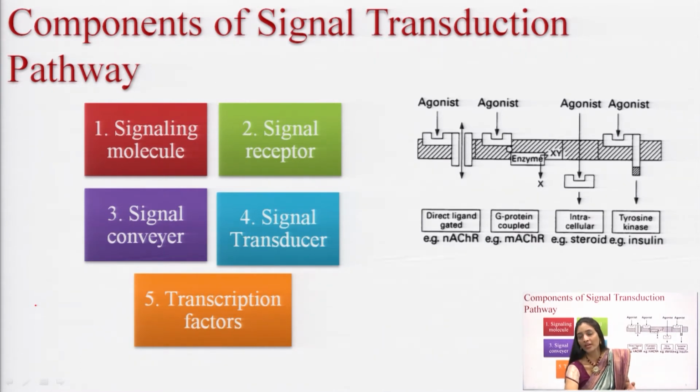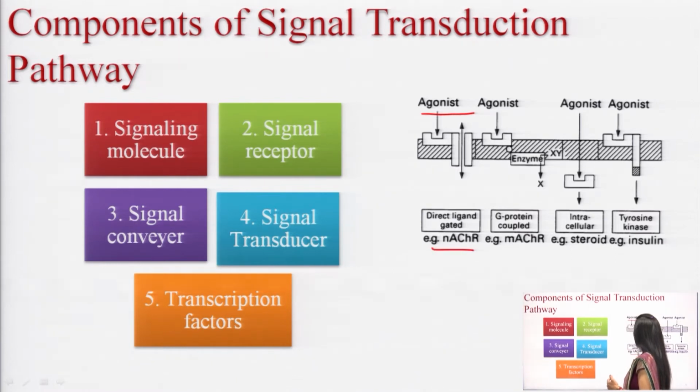If you see here, for example, an agonist drug. We will discuss 4 types of signal transducer pathways: GPCR, ion channel, enzyme linked receptor and nuclear receptor. This first one is an agonist drug for an ion channel receptor.